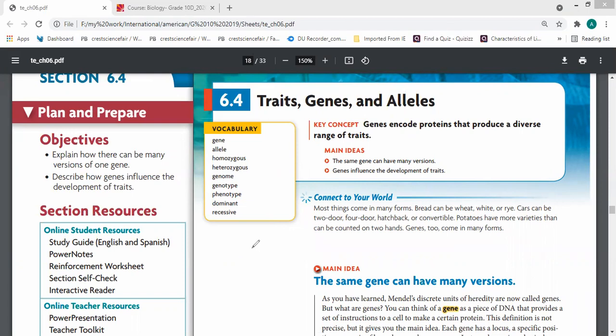Again, dark brown eye color is dominant over colored eye color. Dark brown eye color and colored eye color, both of them are phenotype.